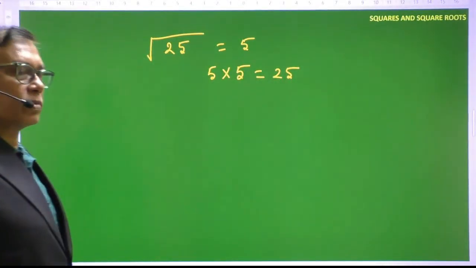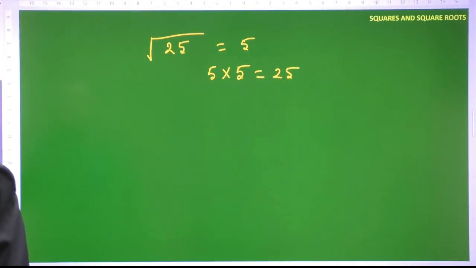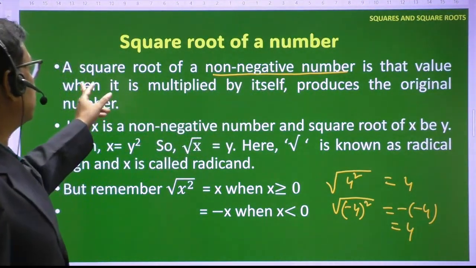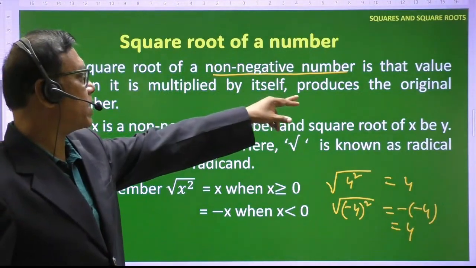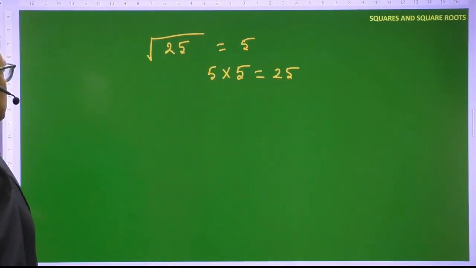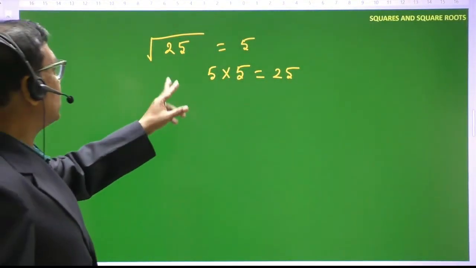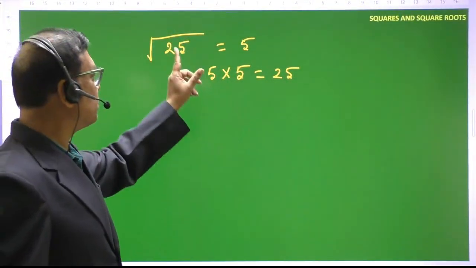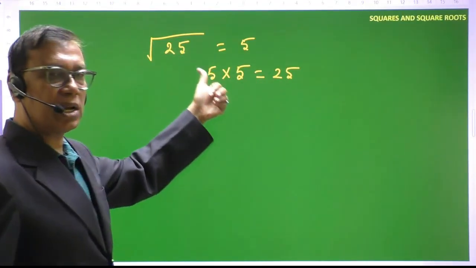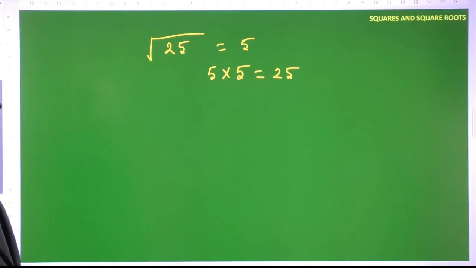Yes or no? That is what I told: the square root of a non-negative number is that value which, when multiplied by itself, produces the original number. So root over 25 is equal to 5. Why 5? Because 5 multiplied by itself gives the original number. Yes or no?